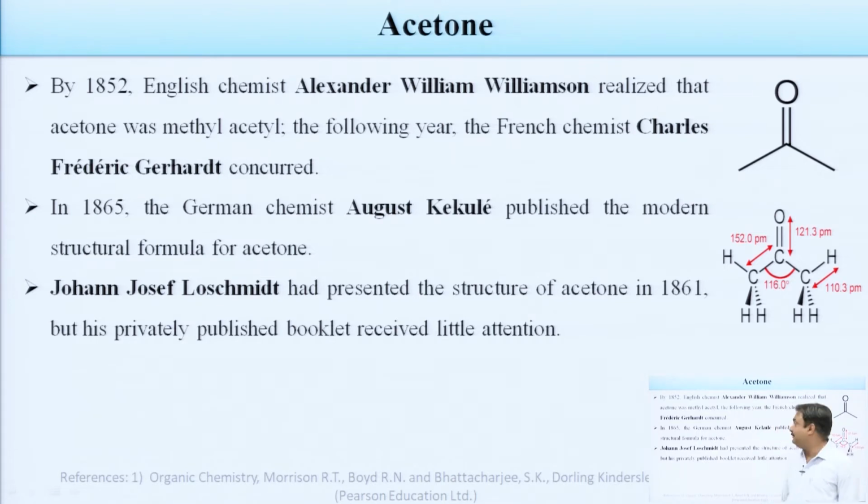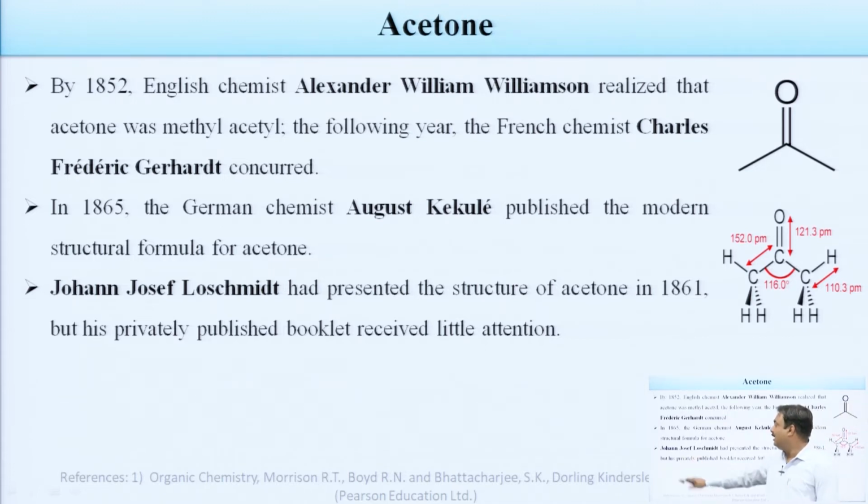In 1865, the German chemist August Kekulé, who also had a very important role in the benzene structure, published the modern structural formula for acetone. You can see that Kekulé loved drawing structures of chemical entities. He proposed the structure of benzene at approximately the same time, and he also proposed the structural formula for acetone.